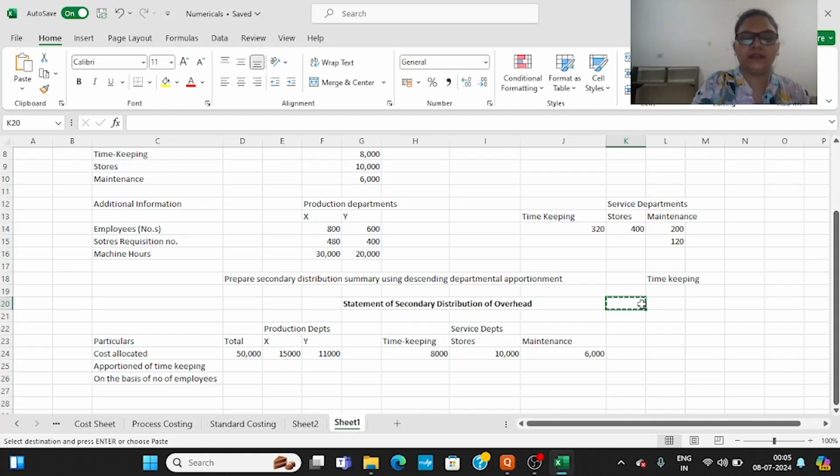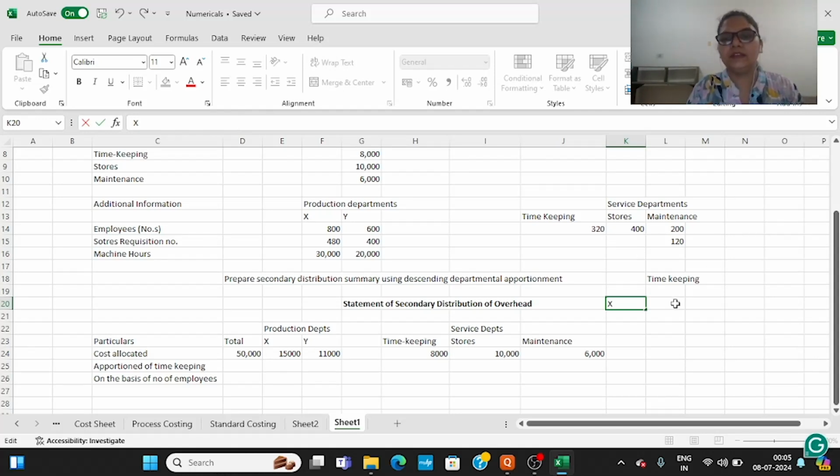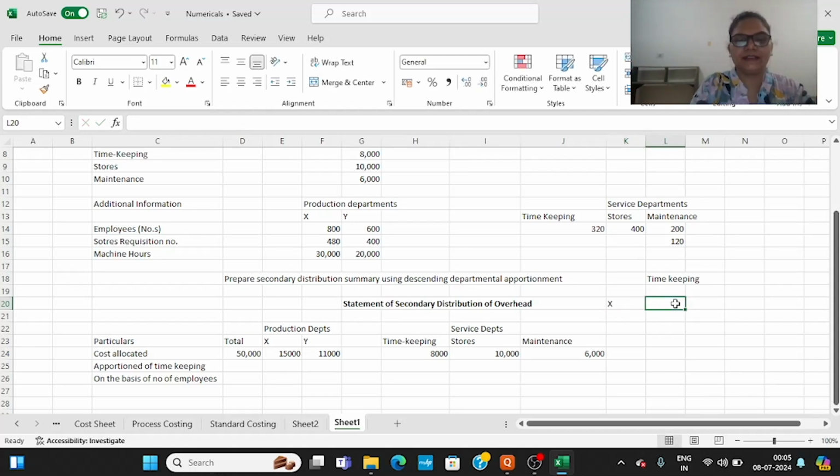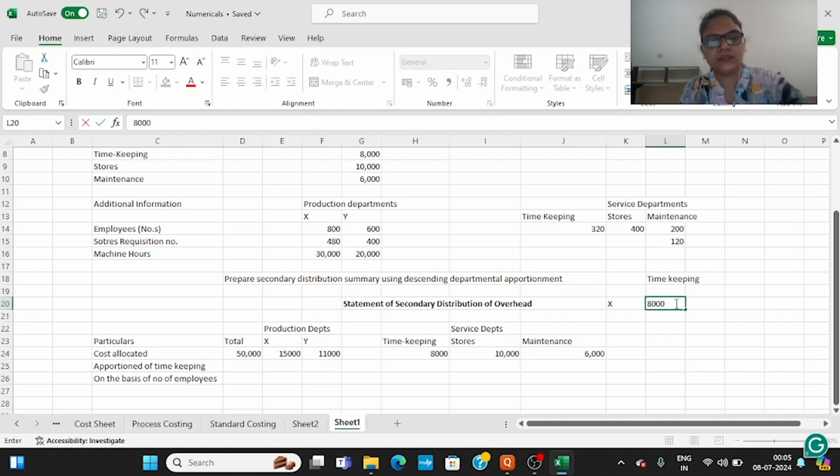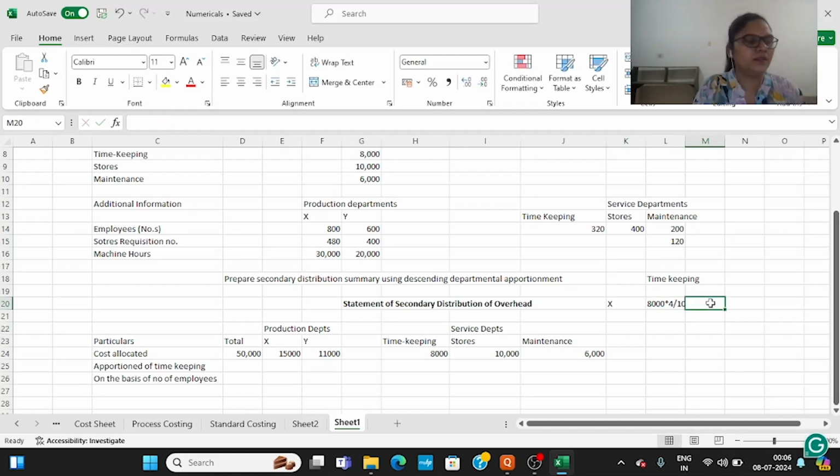In X department it will be 8,000 into 4 divided by 10, which will be 3,200.